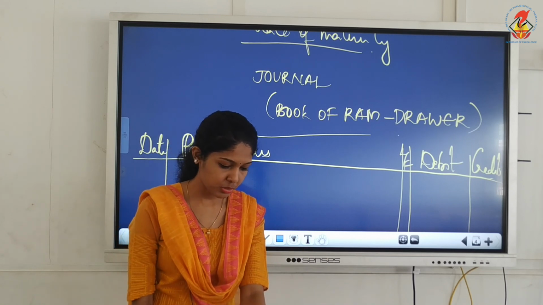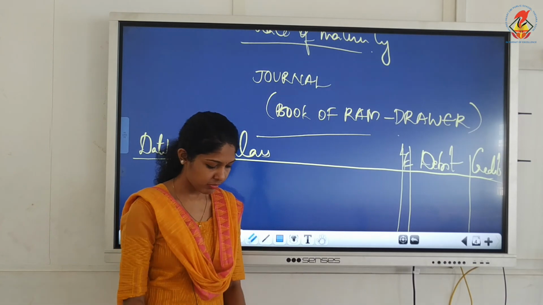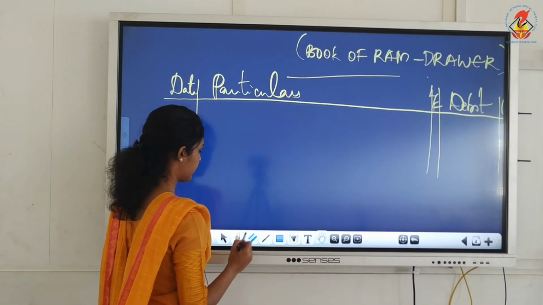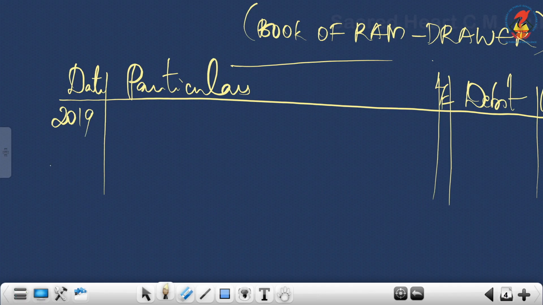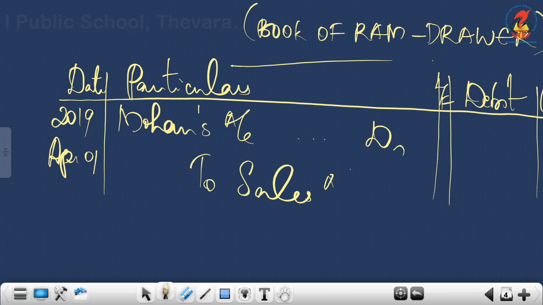That's the journal entry we are going to write. First one, Ram means the person who is selling goods, and we are selling on 1st April. We will write the date also. So 2019 April 1st. When you sell goods to Mohan, that's on credit. You can write the basic entry and ignore GST. Mohan's account debtor to sales account. Narration, you can write goods sold on credit.